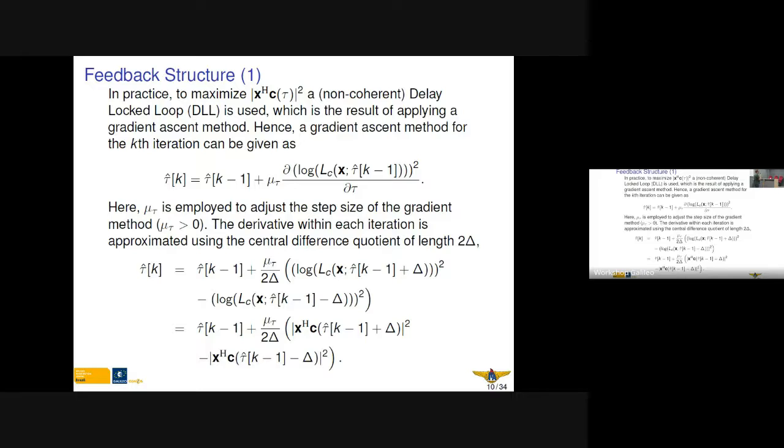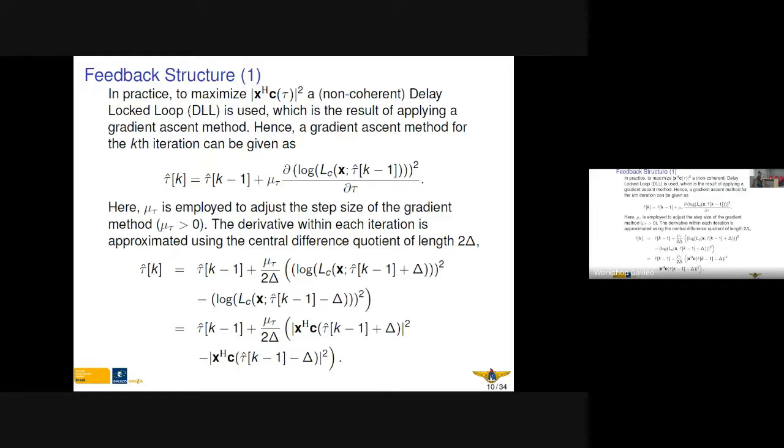Now, instead of using the derivative, we can approximate this with the central difference quotient as before, of length 2 delta, and plug in this approximation. So we have tau hat k minus 1, mu tau divided by 2 delta, and then this difference of a delay plus delta, using tau hat k minus 1 plus delta and tau hat k minus 1 minus delta.